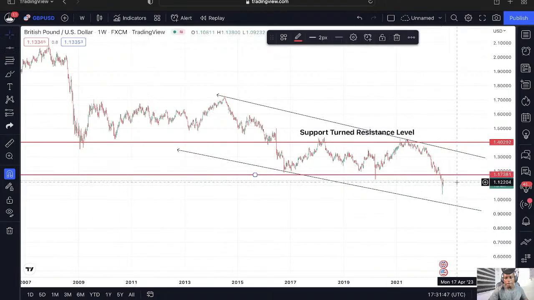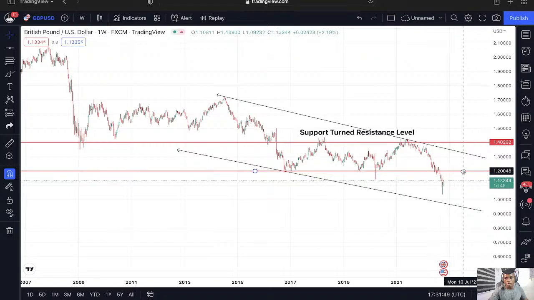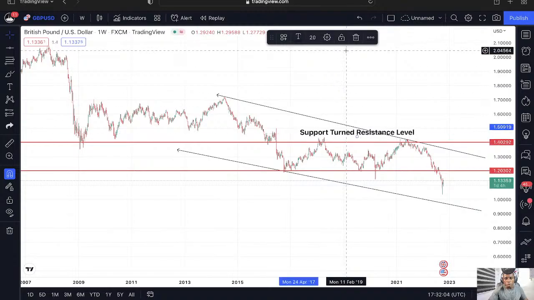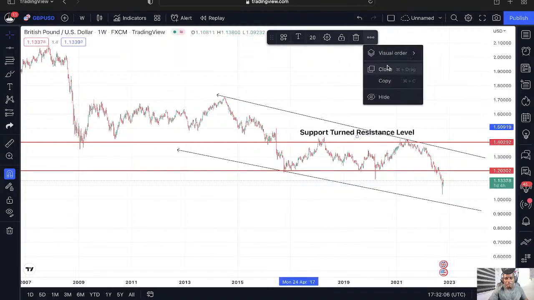Then when we come here, this is another support turned resistance. Let me clone it.